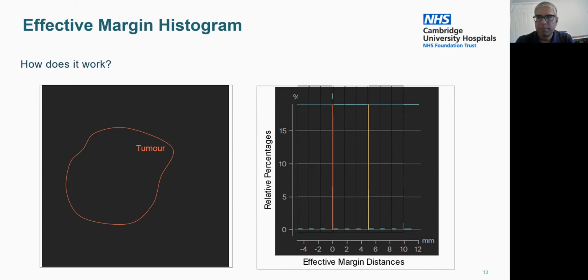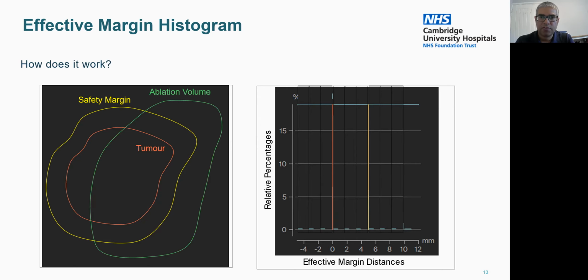So just to explain that in a bit more detail, the red circle represents the tumor. The yellow circle represents the safety margin, and the green circle represents what has ended up being ablated as determined by the segmentation software. And what the software will do is look at numerous points around the edge of the tumor, and measure the distance between those and the ablation margin.